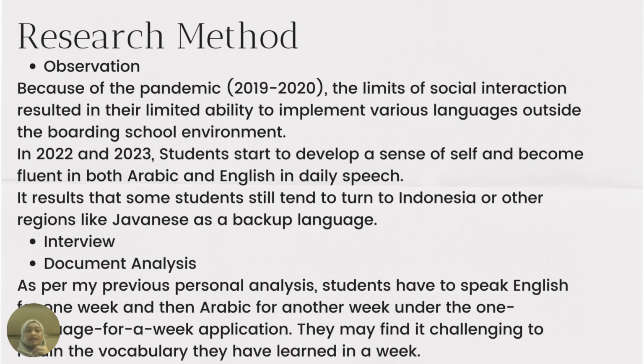It results that some students still tend to turn to Indonesian or other languages like Japanese as a backup language. This is the result of 2022 and 2023. So I will show the interview in the next video.